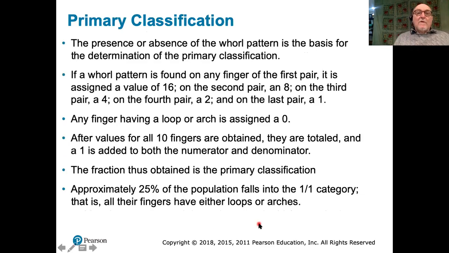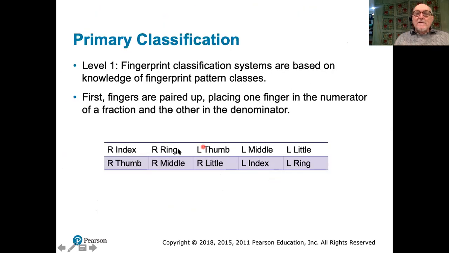When you work out this fraction, remember that loops were the commonest. In actual fact, for 25% of the population all of these are 0, because they only have loops, or very rarely arches. The loops are excluded because they're so common.